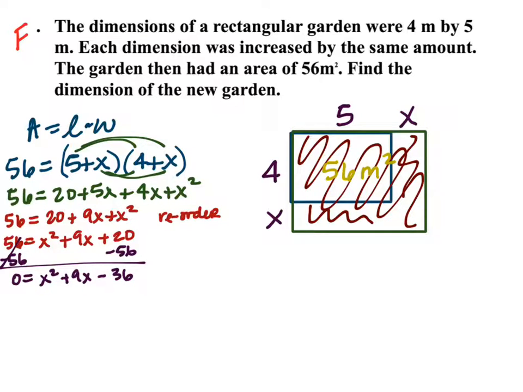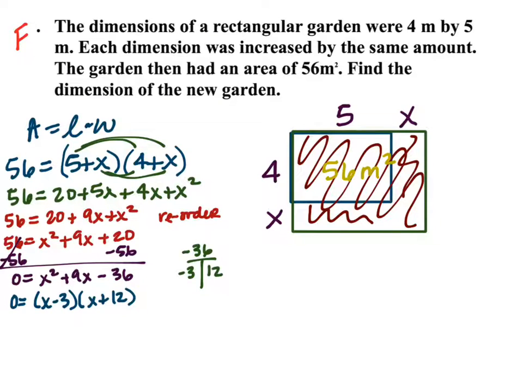So I'm going to use third term factoring. Negative 36 allows me to have a negative 3 and a positive 12 in order to add to a positive 9 but multiply to a negative 36. So when I write this into my factored form, I write x minus 3 and x plus 12.